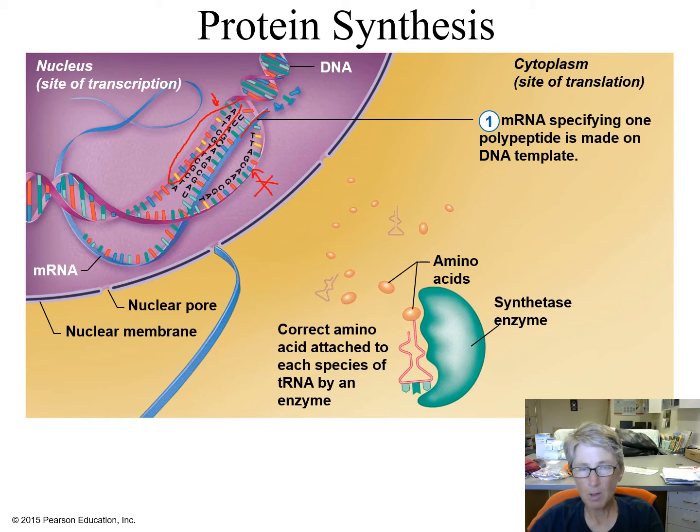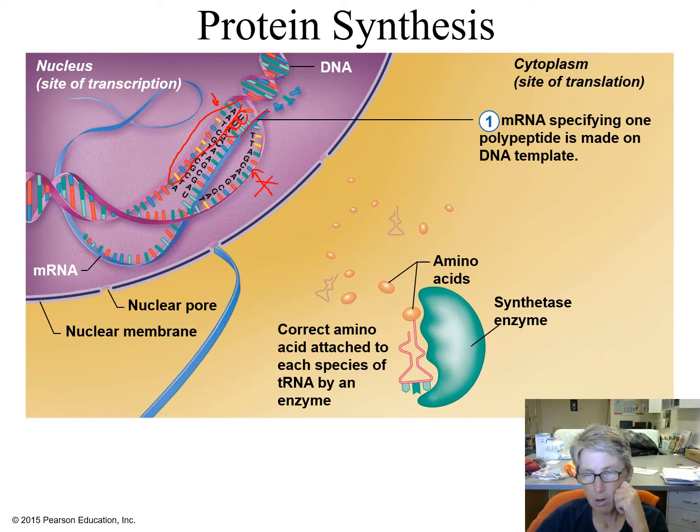There's a whole bunch of cool cell biology and biochemistry that we're not going to go into, but there's an RNA polymerase that will make this RNA strand by putting a single nucleotide at a time onto the strand, and this single nucleotide will correspond with the nucleotide in DNA. Okay, and that's happening in the nucleus.